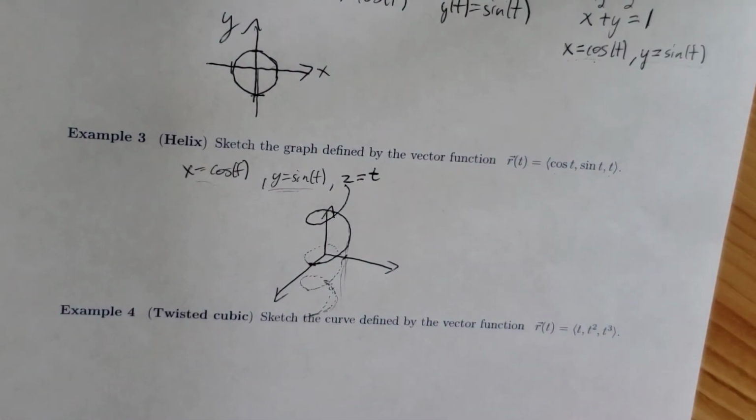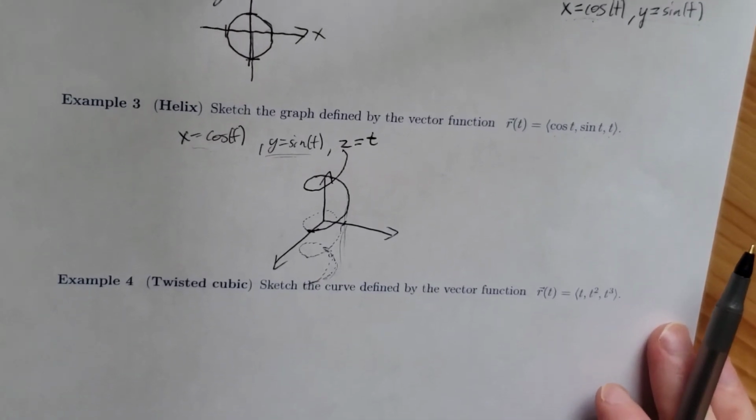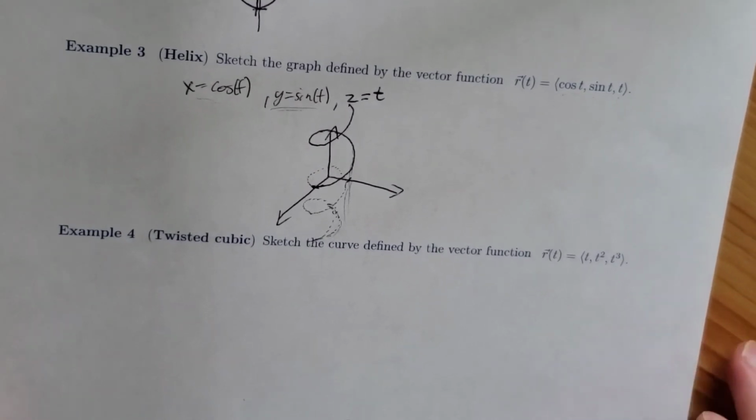All right, so as you can see, this is getting a little bit more difficult to draw already. Even though we can understand what's going on, the actual drawing is more difficult. Example 4 is going to be quite difficult to draw. In fact, I can almost guarantee you I'm not going to draw this successfully. We're going to attempt to do that, though.